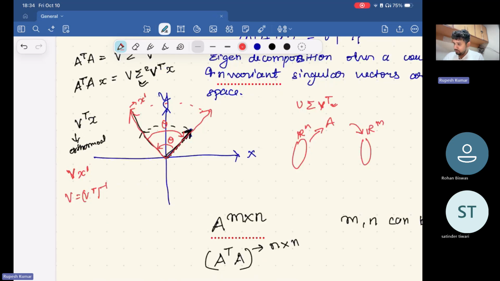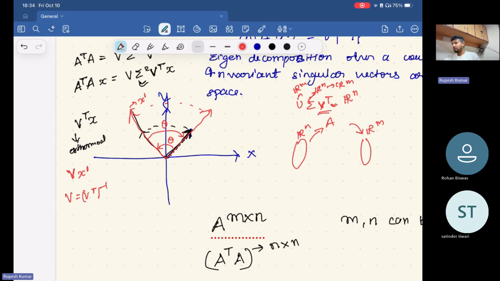V spans the input space, so V spans Rn space. V does its operation on the vectors in Rn space. Sigma is essentially transforming vectors from Rn to Rm, right? Now U is transforming vectors in Rm, right? So the entire change of space is happening.